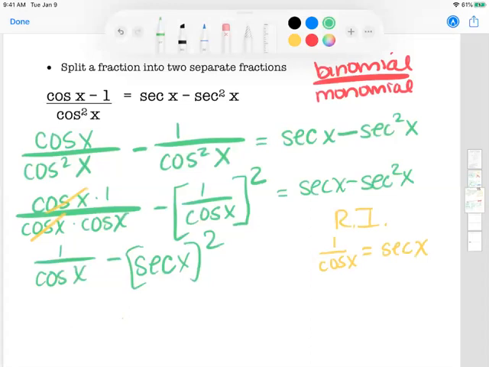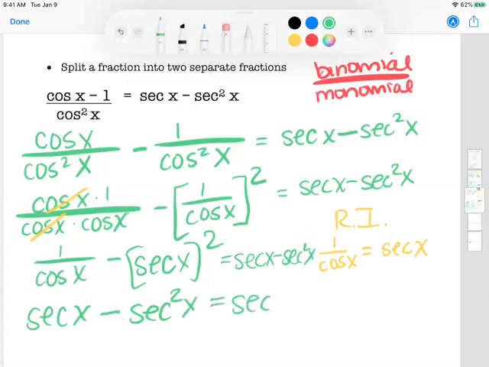So I need to put my equals secant x minus secant squared x. All right, so 1 over cosine x, we've got secant x minus secant, I can just move that squared right in, squared x, equals the exact same expression. And we're done. All right, now you guys try the 4 examples that I have given you.